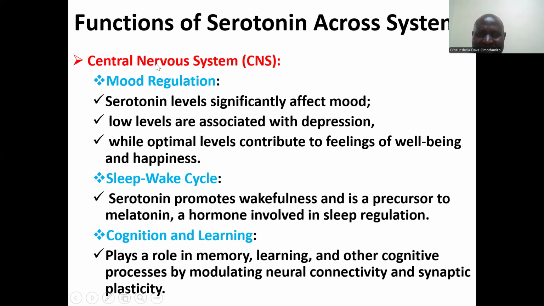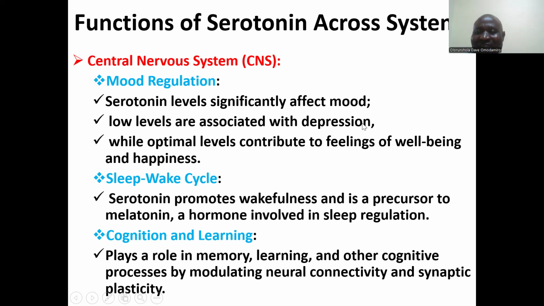Number one, central nervous system. In the central nervous system, serotonin serves as a mood regulator. Serotonin levels significantly affect the mood. That is to say, low levels of serotonin are associated with depression.